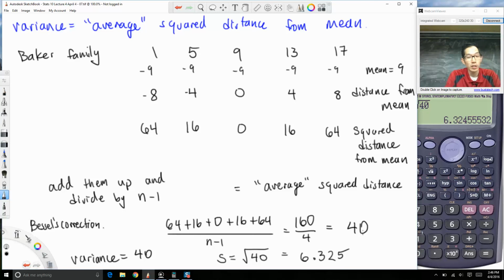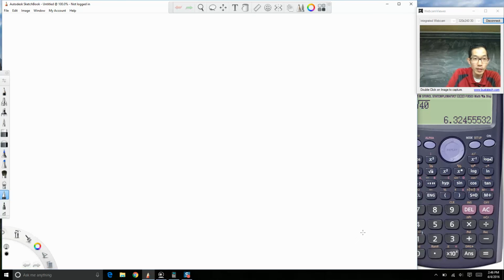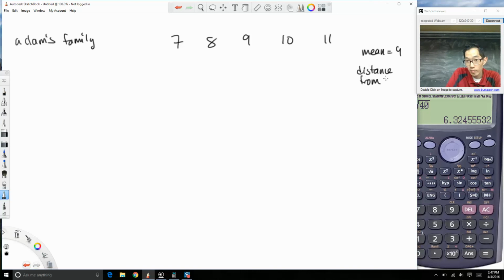All right. Okay, so we'll do the same thing for the Adams family. The ages were 7, 8, 9, 10, 11. The mean here also is 9. So we're going to get the distance from the mean, and we have 2, 1, 0, 1, 2.